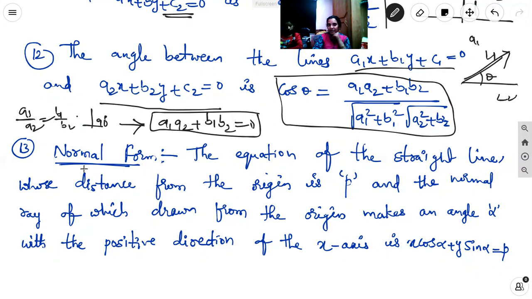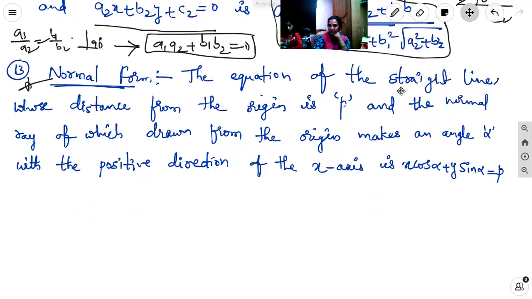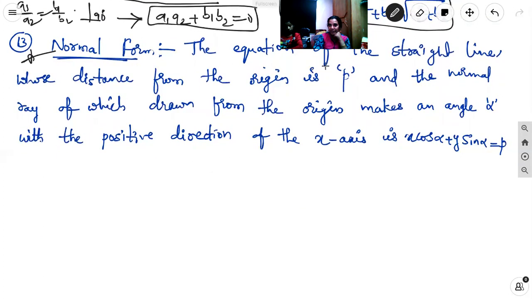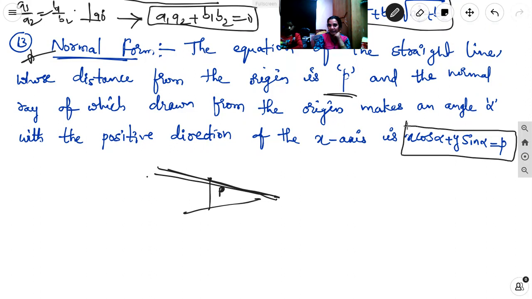Okay. The normal form, it is very, very important. In all these 13 problems, we should remember formulas. The equation of the straight line whose distance from the origin is p, and the normal ray drawn from the origin makes an angle alpha with the positive direction of the x-axis, is x cos alpha plus y sin alpha equal to p.